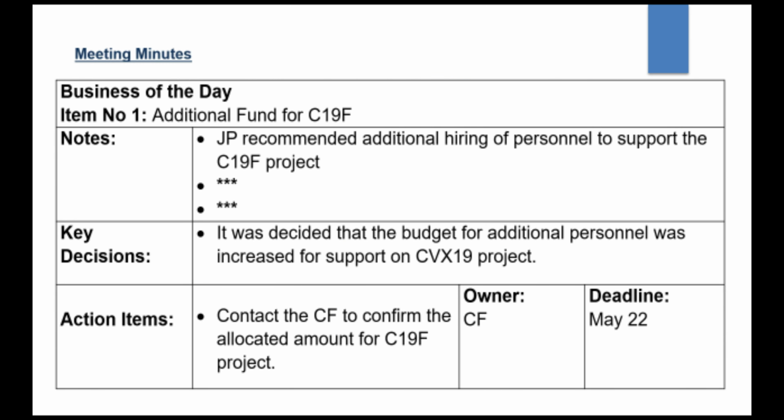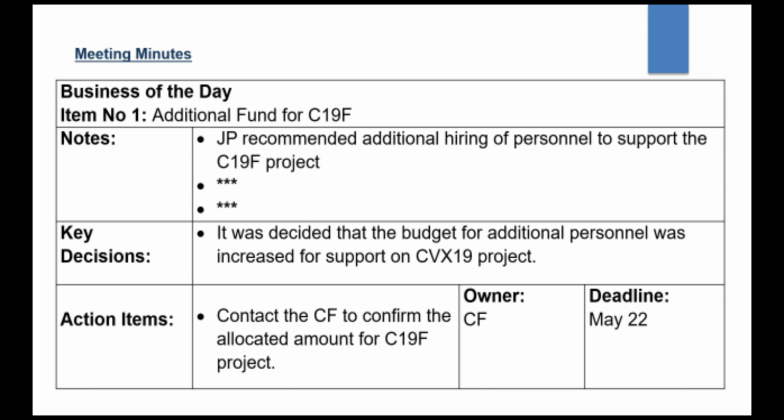Let us now go back to the template of minutes with an example content. Business of the day, item number 1, additional fund for C19F. For notes, JP recommended additional hiring of personnel to support the C19F project.